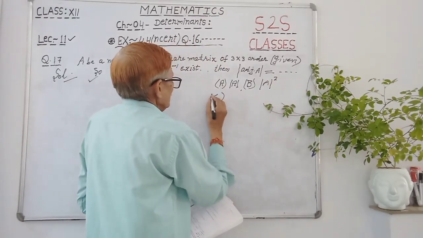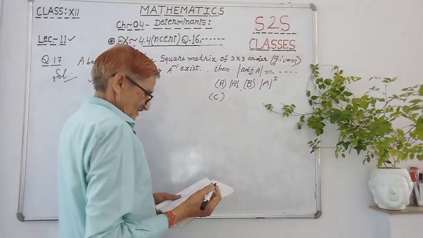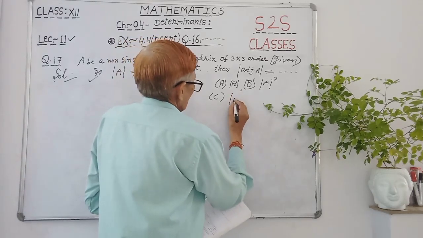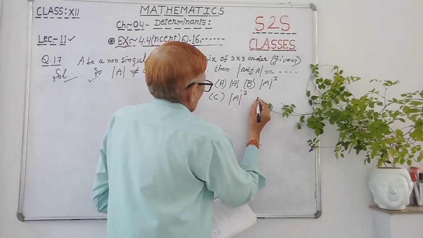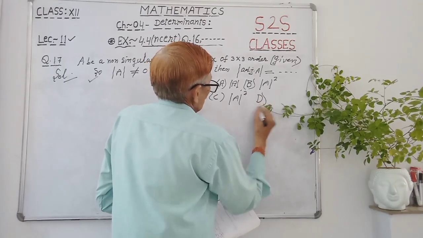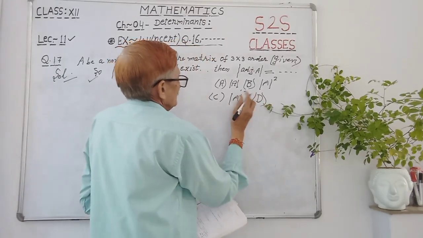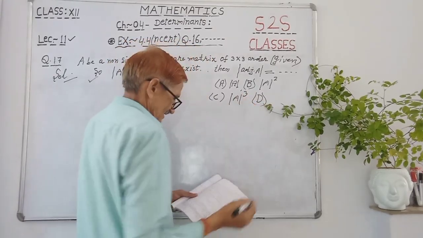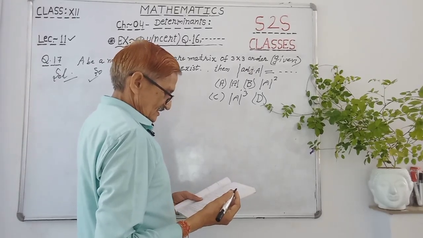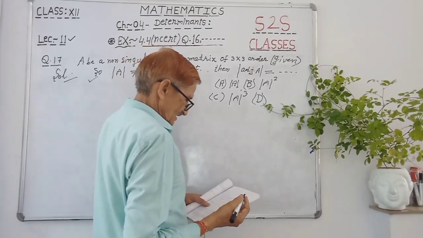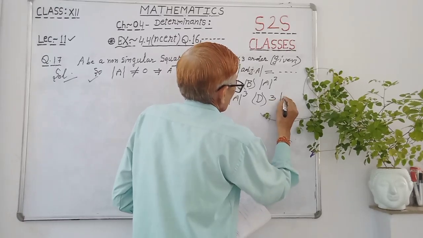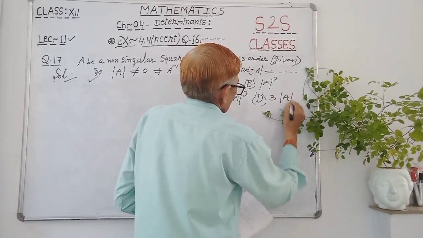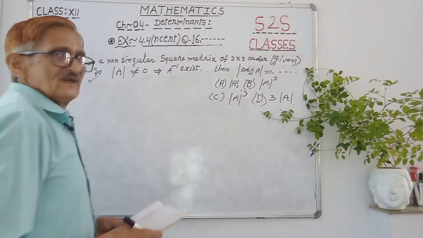C option: determinant A whole cube. And D option: 3 into determinant A.